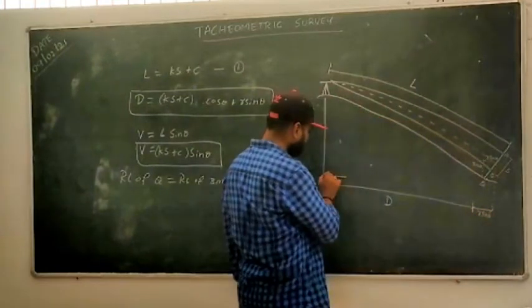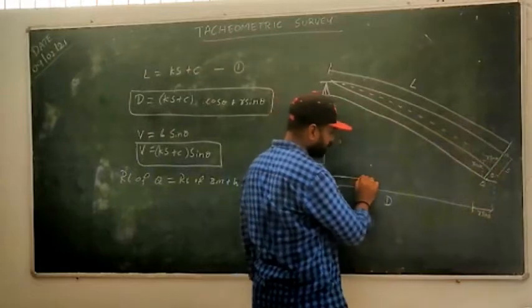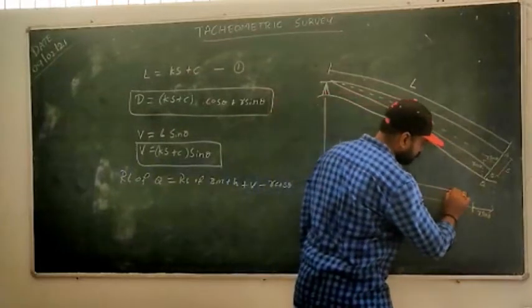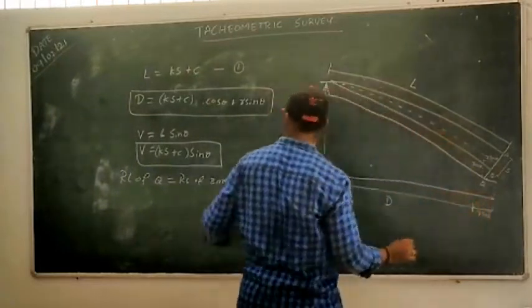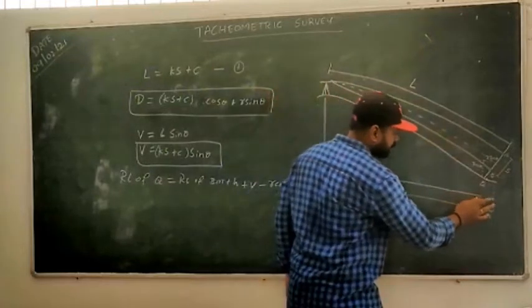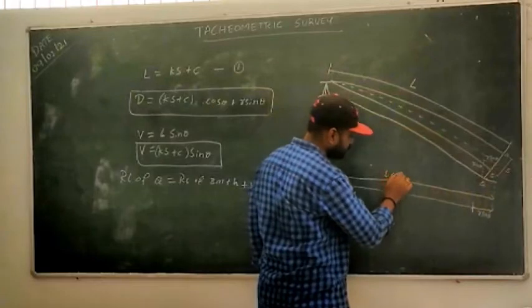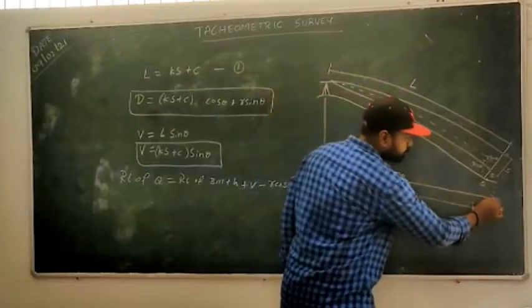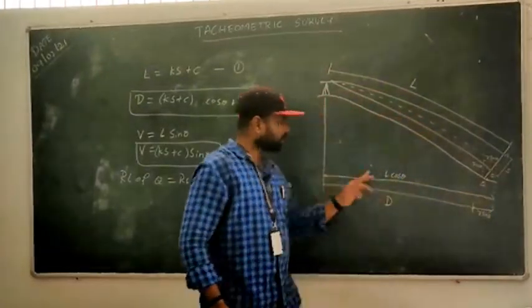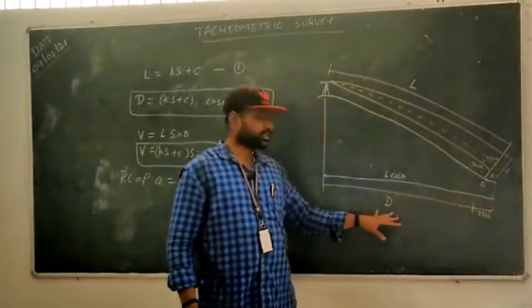And L cos theta is from this end to this end, and this is your d.